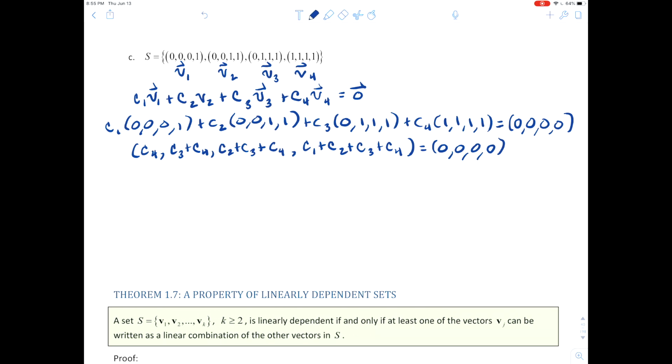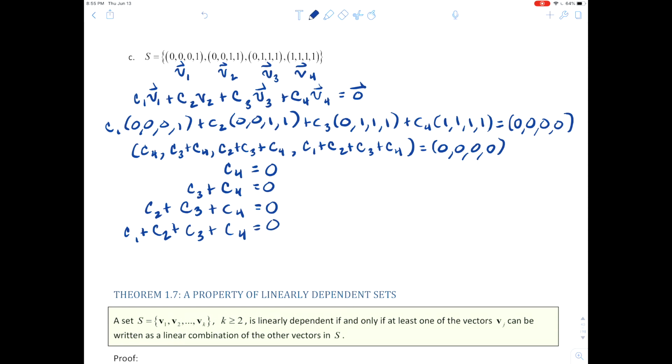So let's see. So C4 is 0. The next one we got C3 plus C4 is 0. Then we got C2 plus C3 plus C4 is 0. And then we got C1 plus C2 plus C3 plus C4 is 0. Well, what happens? If C4 is 0, do you see that C3 is going to be 0? And, beautiful, C2 plus 0 equal to 0 means that C2 must be 0.